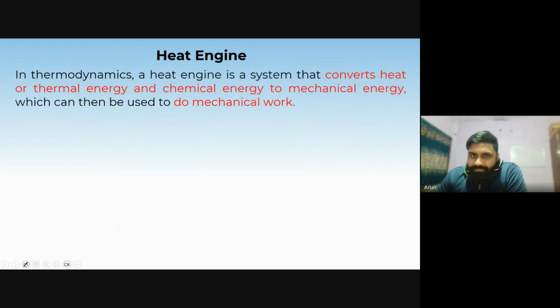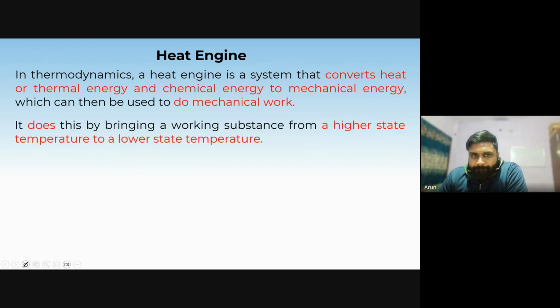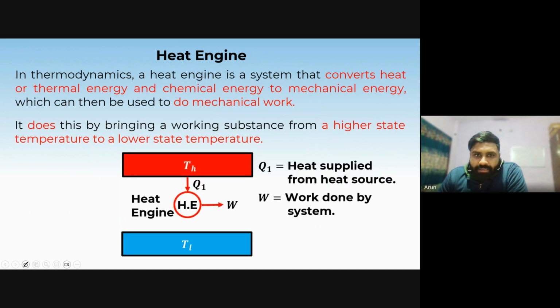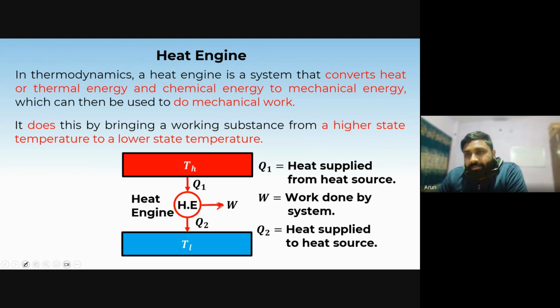Now heat engine, definition wise you can note it here. It converts the heat or thermal energy into the mechanical energy. So this is the basic format of engine. This TH is the higher hot reservoir from where we take the heat. So we have taken Q1 heat to the heat engine. Then engine has done some work, and then finally some of the heat is rejected to the sink or atmosphere.